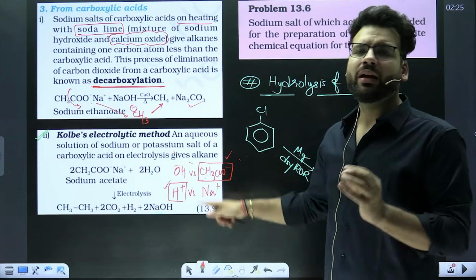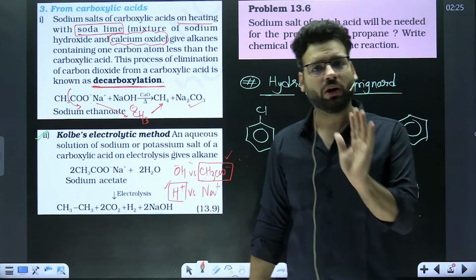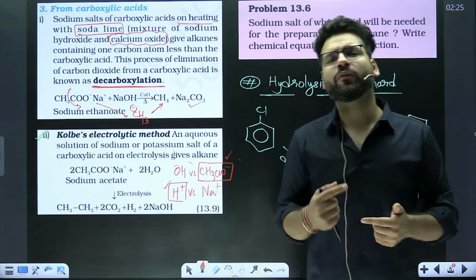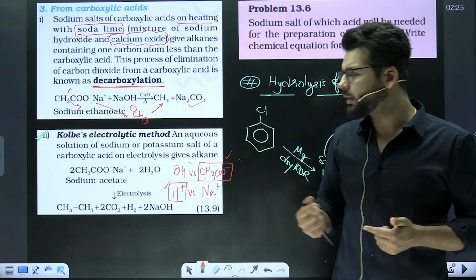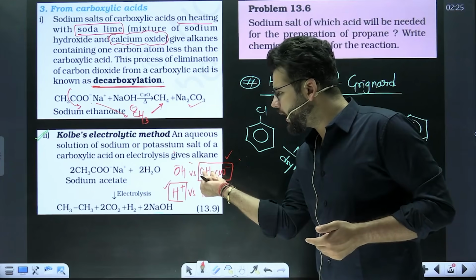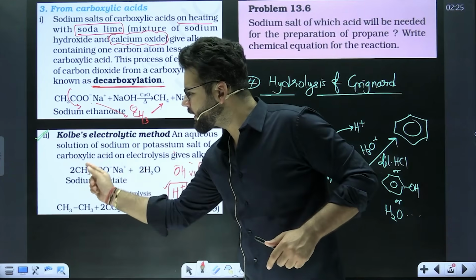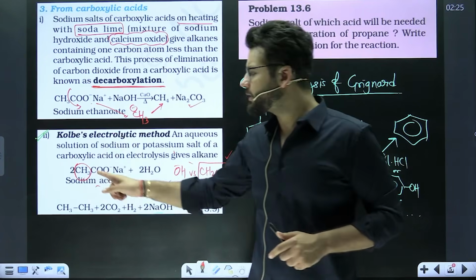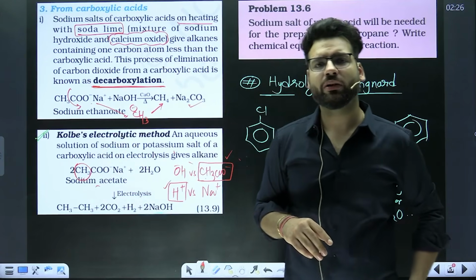So it will always give you a symmetrical alkane, not with double the number of carbons of the starting material, but double the number of R carbons. So the number of carbons present in the alkyl group will double up. In this case, if I start with, for example, ethanoic acid.